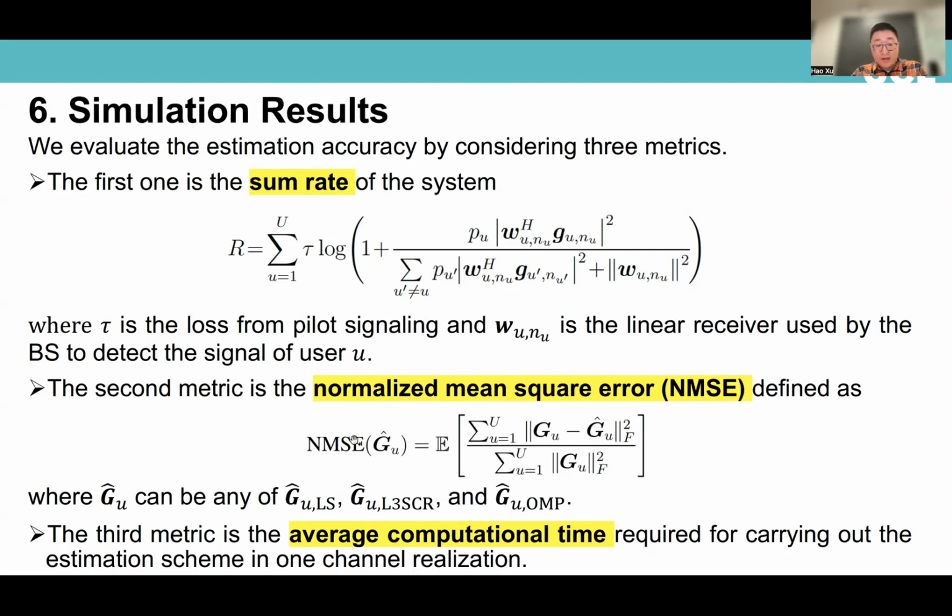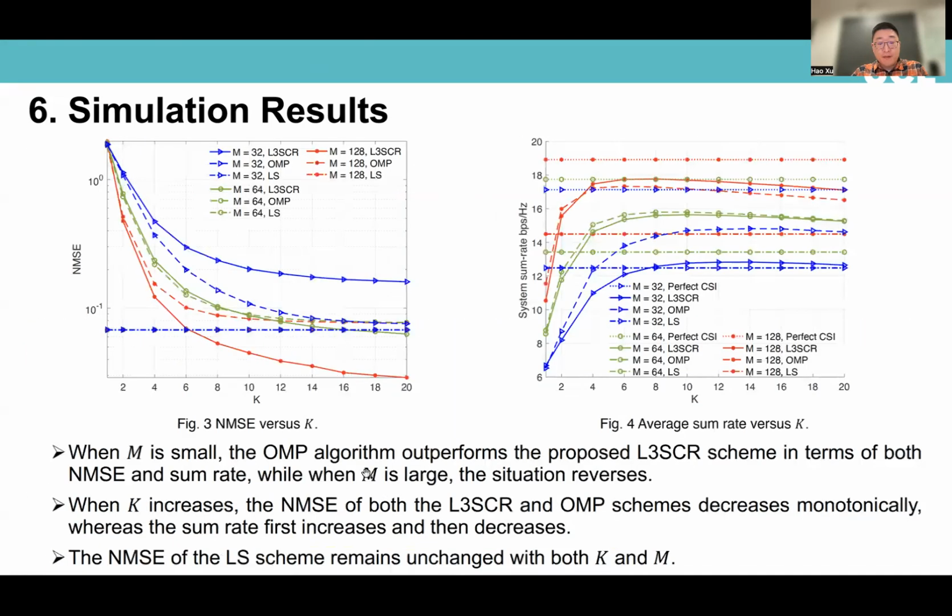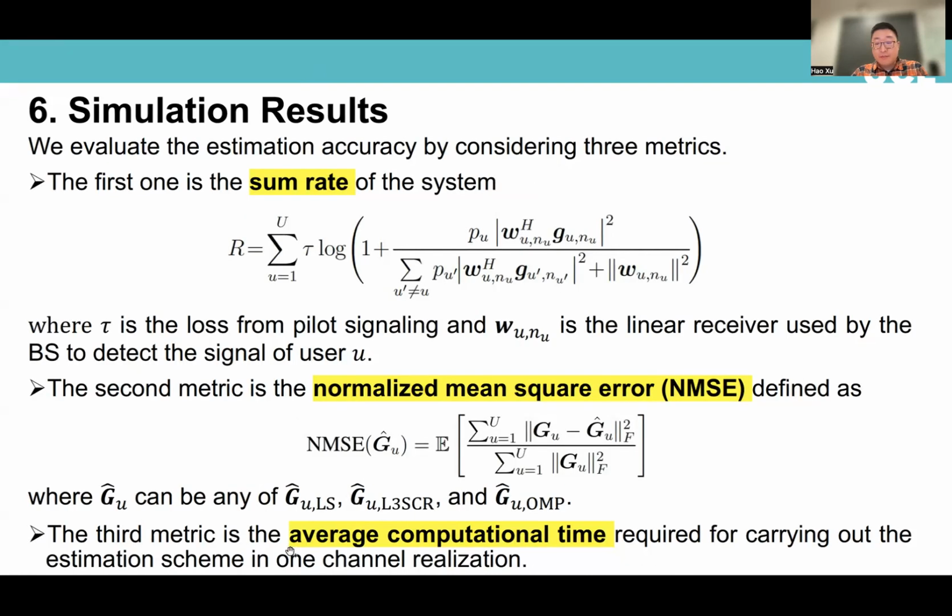Here, G_U hat can be any of these three matrices, depending on which kind of estimation scheme we use. The third metric is the average computational time required for carrying out the estimation scheme in one channel realization.